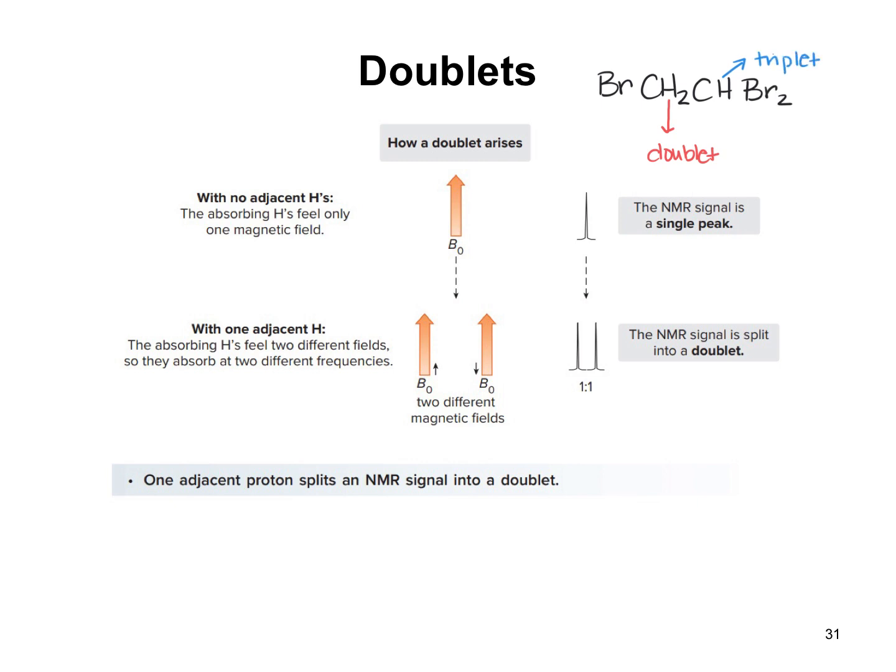The way we know this is called the N+1 rule, where we look at the hydrogens on the carbon next to this, and it's 2 + 1, which gives us 3. For this doublet, we look over here, we see there's 1 there, and that's 1 + 1, and that gives us 2.